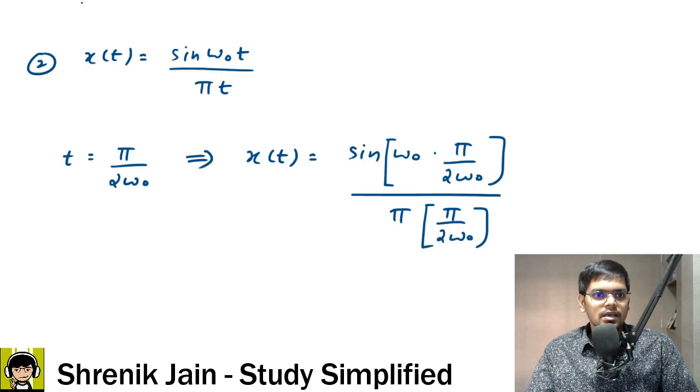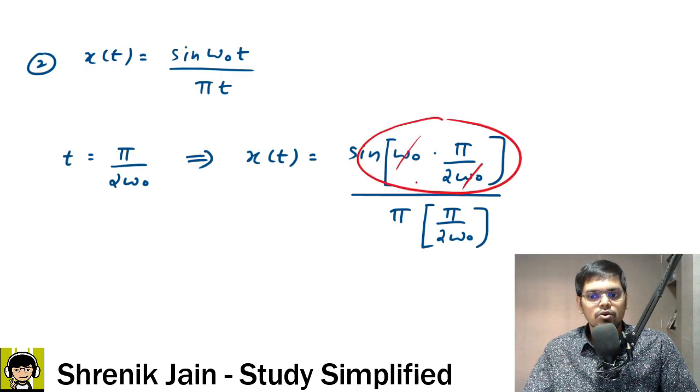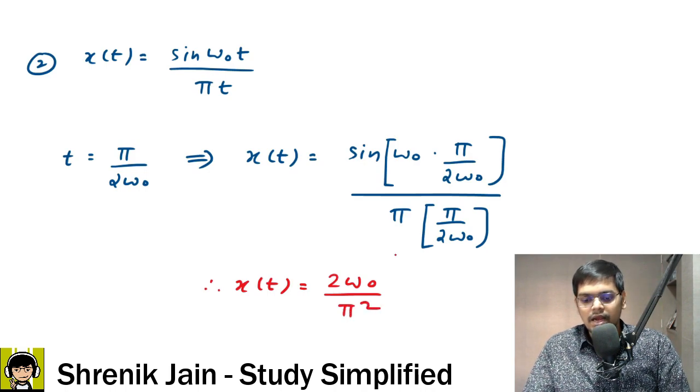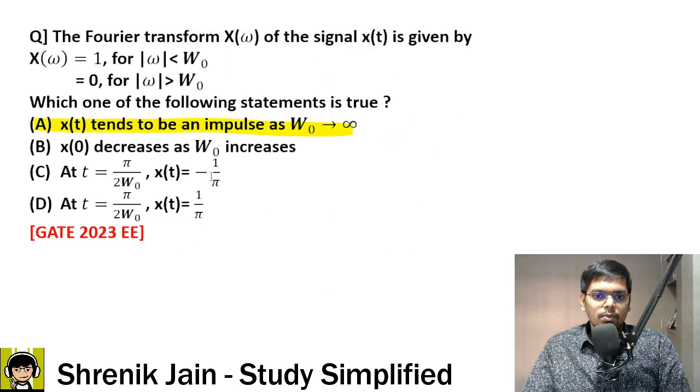So what I can see here is clearly omega naught getting cancelled and sine of pi by 2 is 1. So the numerator term is 1, and in the denominator we have pi into pi square, and this 2 omega naught goes to the numerator. So therefore the final answer is 2 omega naught divided by pi square, which means clearly that options C and D are both wrong because pi is not there in the denominator.